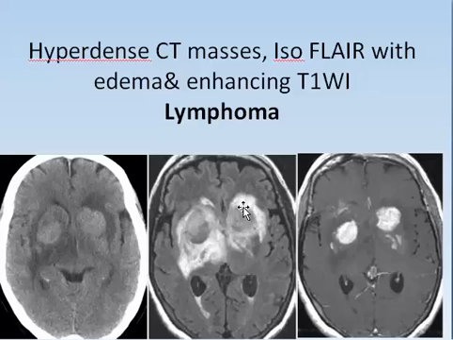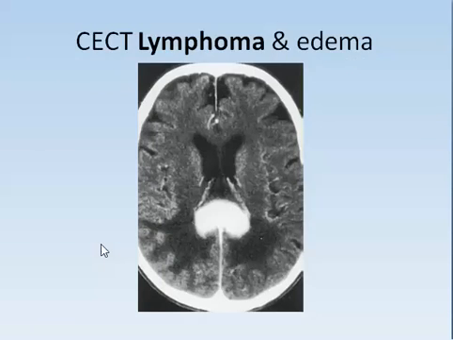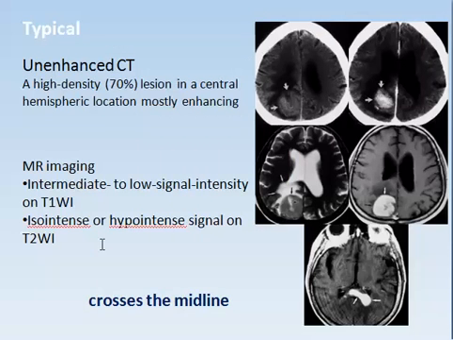So we have edema, we have enhancement, we have hyperdensity in CT, multiplicity, and maybe on either side, and may cross the midline as it is seen here and in this one.